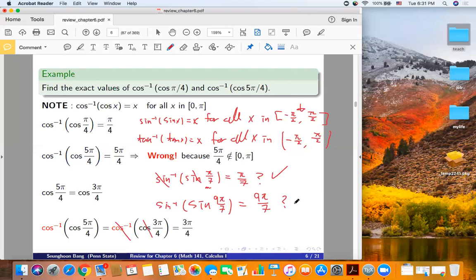What do you think? Is this true or not? Yeah, this is no. Don't do that because it's not in the domain. It's a good answer. Not in the domain, this is the reason.